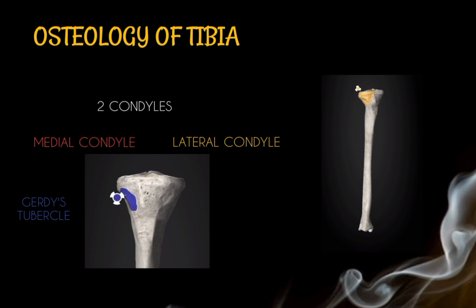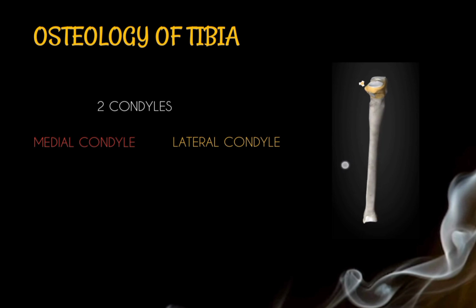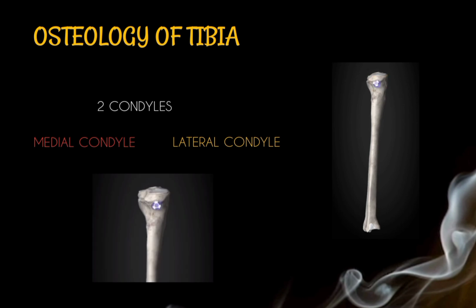This is Gerdy's tubercle, which provides the insertion of the iliotibial tract, which is again a frequently asked question. And on the posterolateral side of this lateral condyle you will find the fibular articular facet over here. By remembering this, the condyle having the facet posteriorly and a tubercle anteriorly is the lateral condyle of the tibia bone.